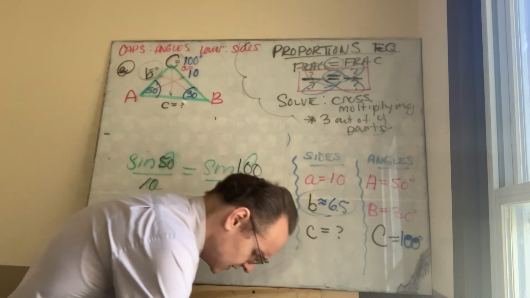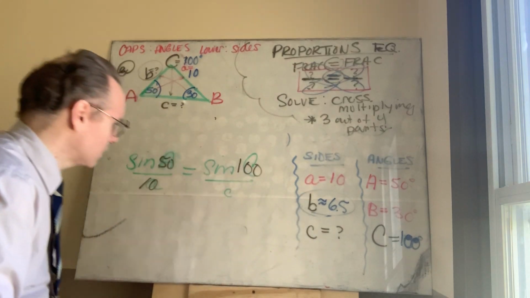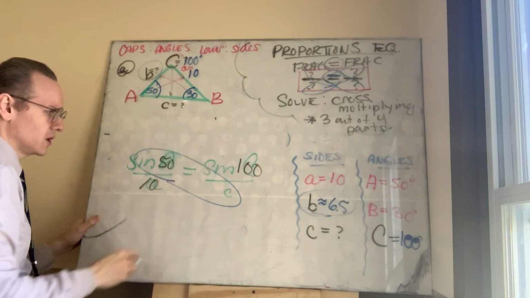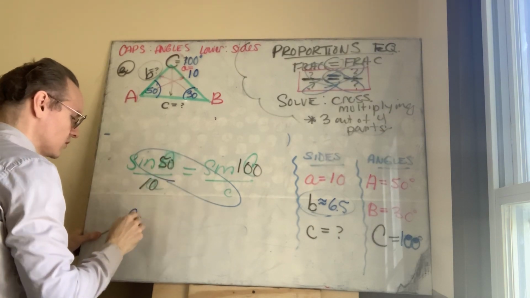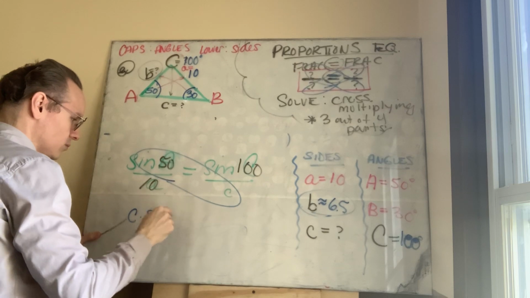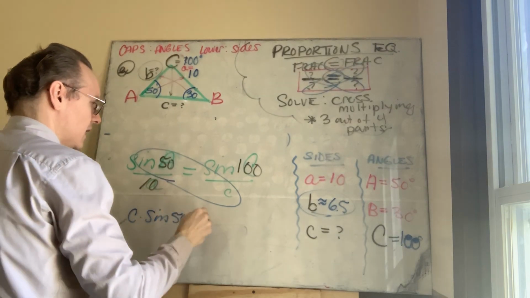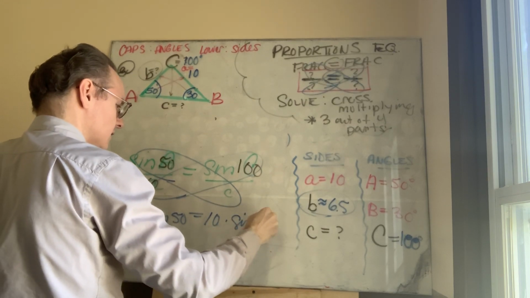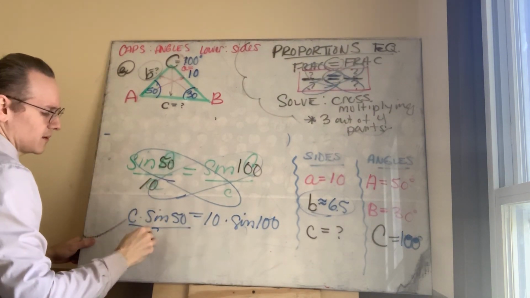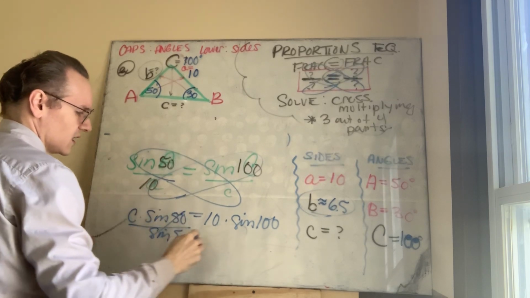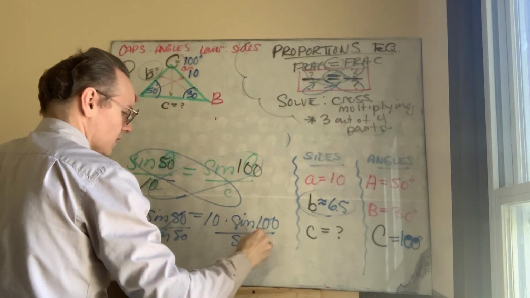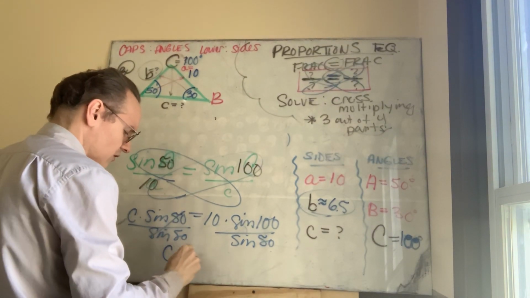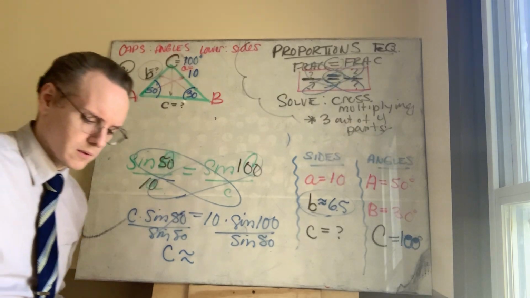So, if C is what we're looking for, same procedure, doesn't matter which way you start. You're going to multiply these two things, and I'm going to conform to good etiquette and put the C in the front. And then multiply these two things, and I got 10 times sine of 100. And then I'm going to divide by the sine of 50 here to cancel, and divide by sine of 50 here to manipulate. C is going to be probably something rounded again.